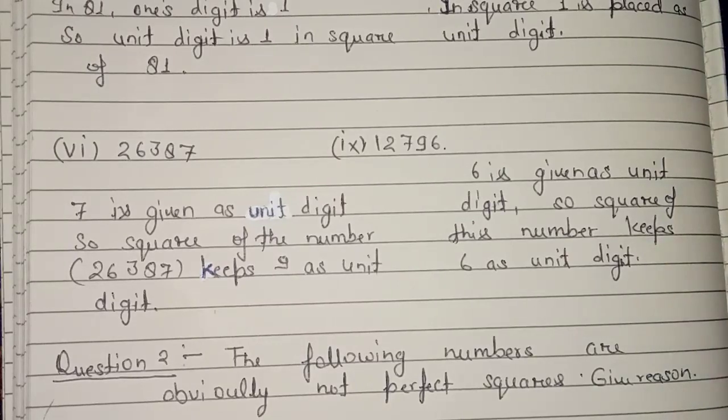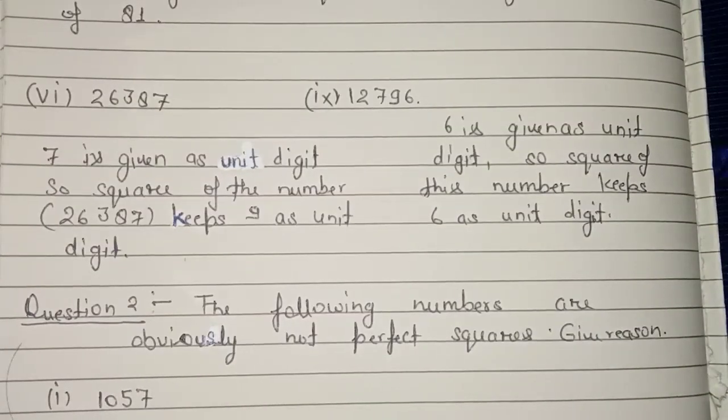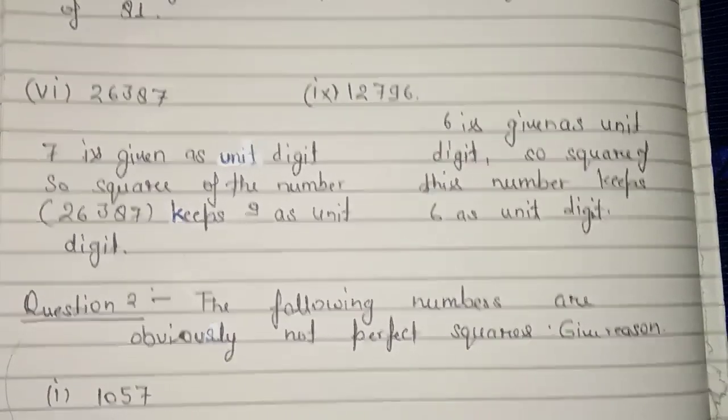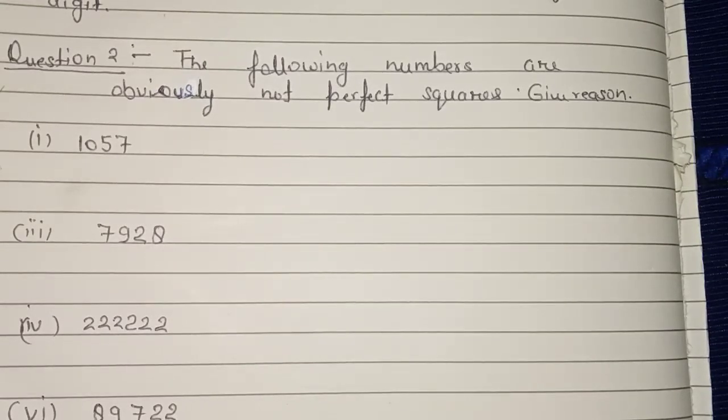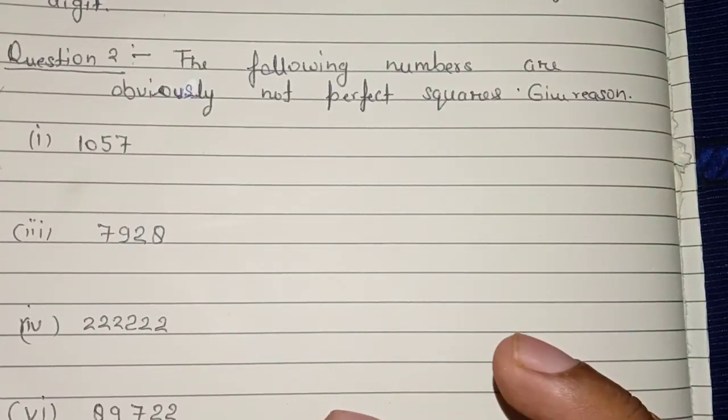Now we have question number 2. In question number 2 it is given the following numbers are obviously not perfect squares and you have to give reason. So we have first part of this question, 1057, and you know that in square numbers we have only 0, 1, 4, 5, 6 or 9.